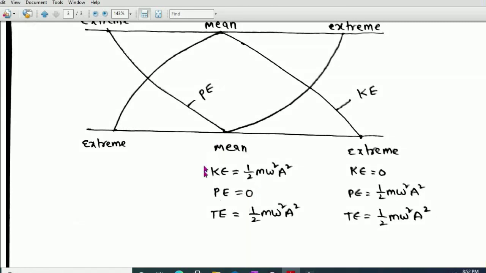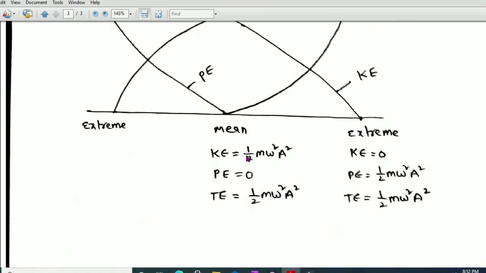So at the mean position or at the extreme position, if we add kinetic energy plus potential energy, half m omega square A square plus 0 gives total energy half m omega square A square. At the mean position kinetic energy is maximum, potential energy is 0, total energy is half m omega square A square only. But at the extreme position kinetic energy is 0, potential energy is maximum.